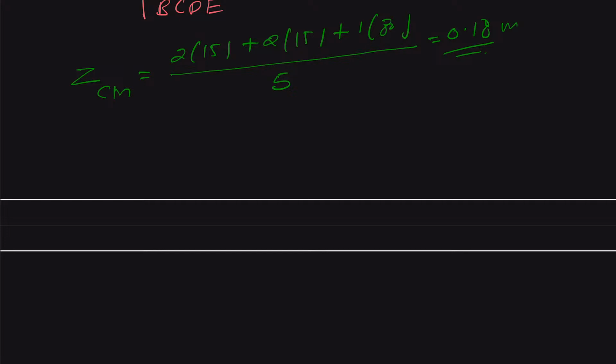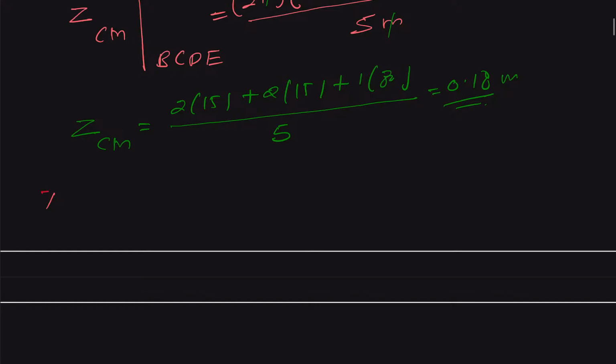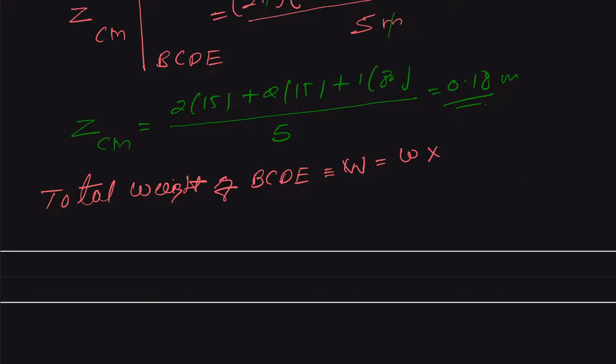Therefore we can write that the total weight of BCDE, that is capital W, will be equal to weight per unit length, that is small w, and our total length, that is LT, and this comes as 0.08 multiplied by 0.75.